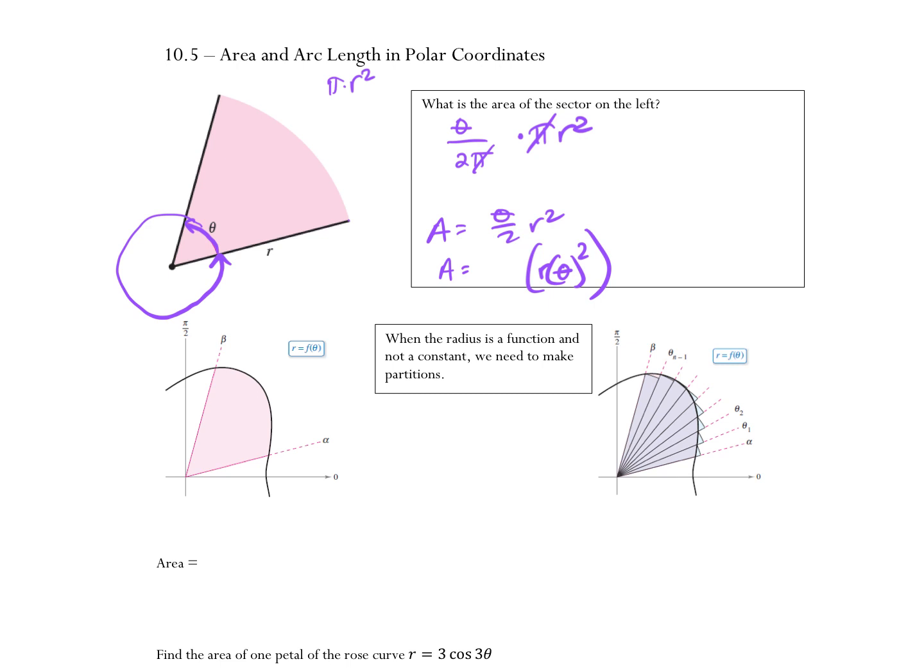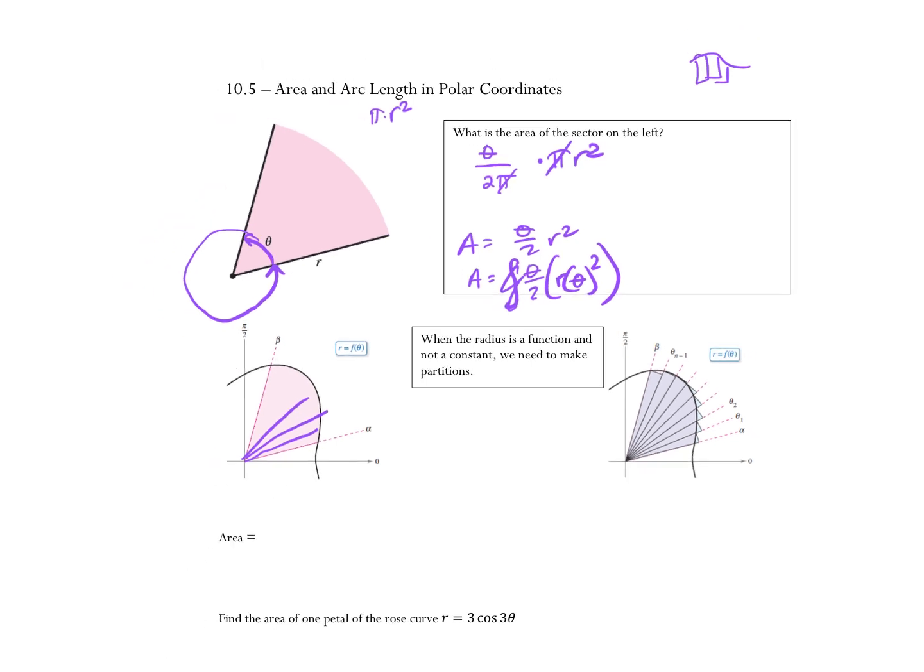Okay, and so the way we're going to partition is, instead of doing rectangles like we would with rectangular coordinates, we're going to partition by angles. So in general, the area would be theta over 2 times the radius squared.